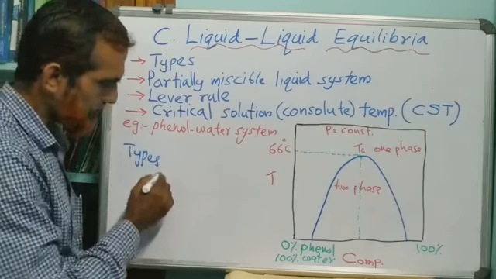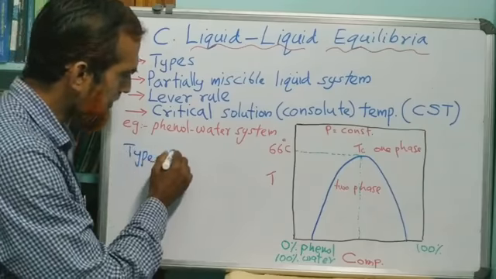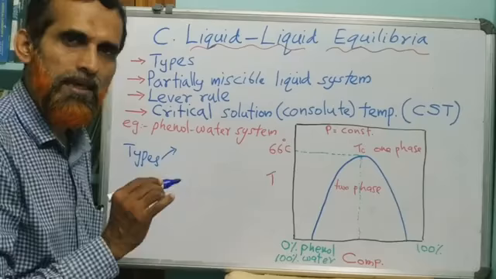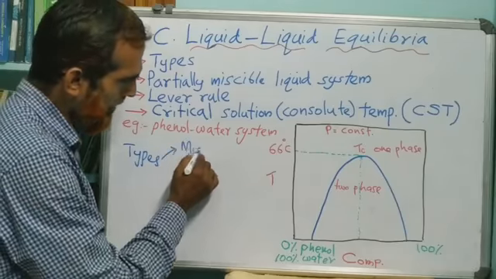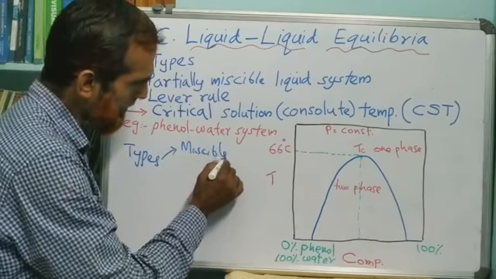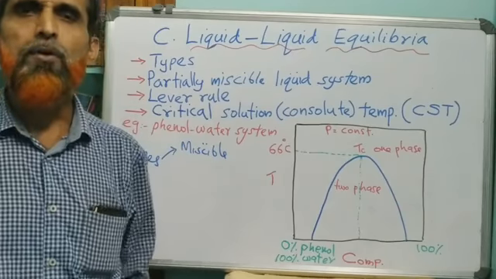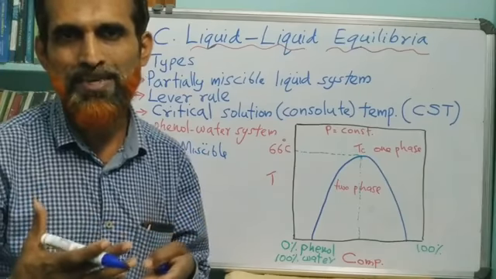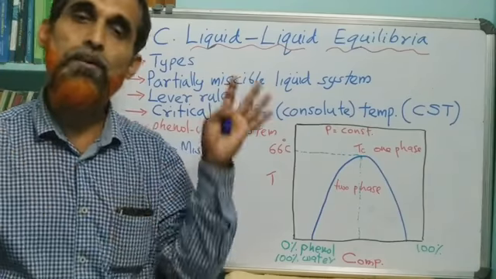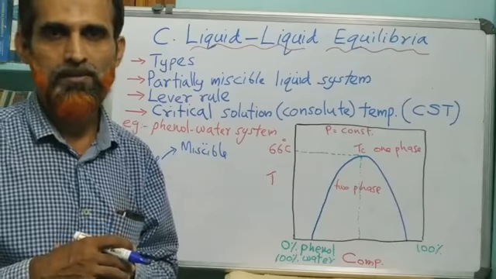three types. One is completely miscible liquid system. For example, if you mix water and ethanol, they are soluble in each other in all proportions, completely miscible.